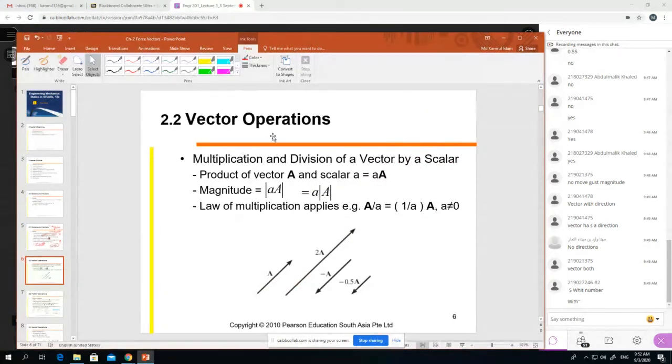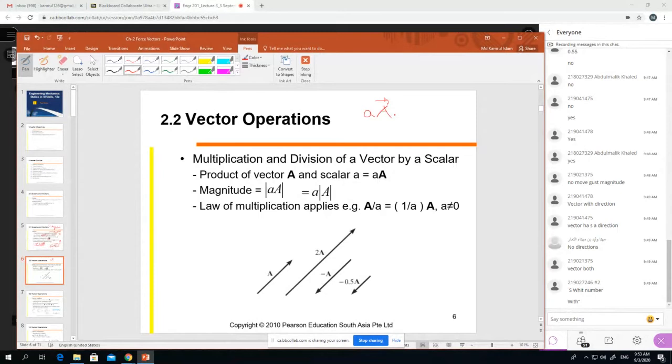Then vector operations: multiplication and division of a vector by a scalar, right? Here you see a vector like this, and a scalar a.